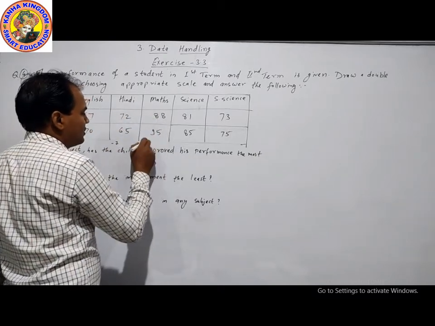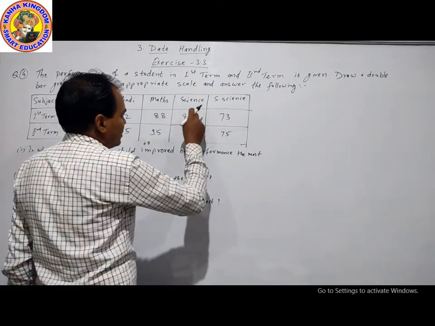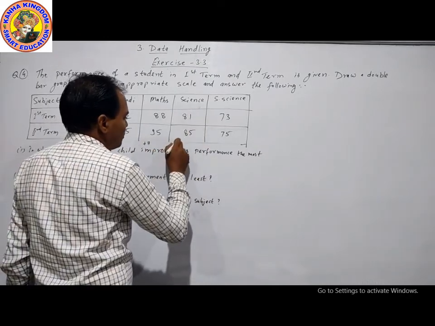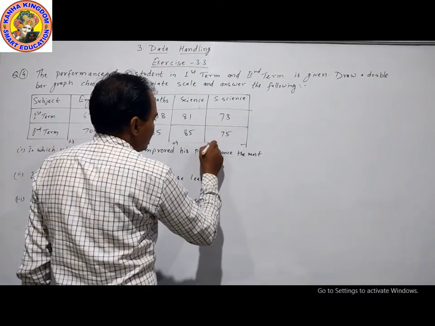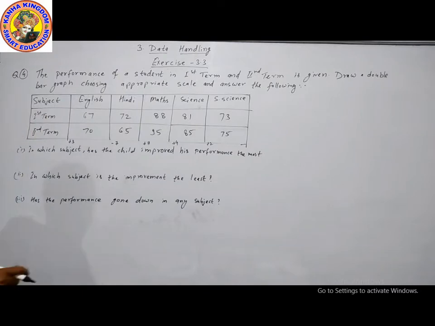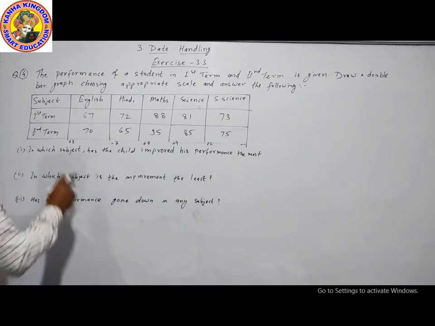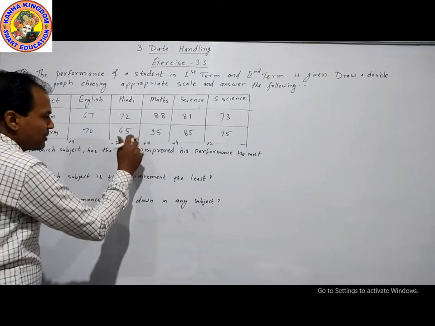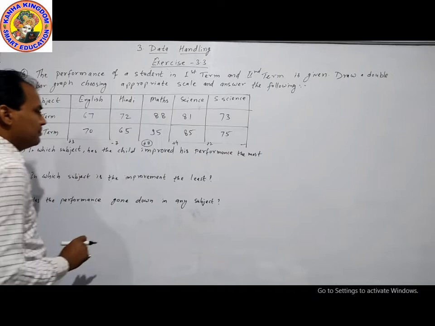In maths there are +7. In science, improvement by 4 marks. In social science, improvement by 2 marks. In which subject the child improved his performance the most? The most improvement is 7 marks in maths.